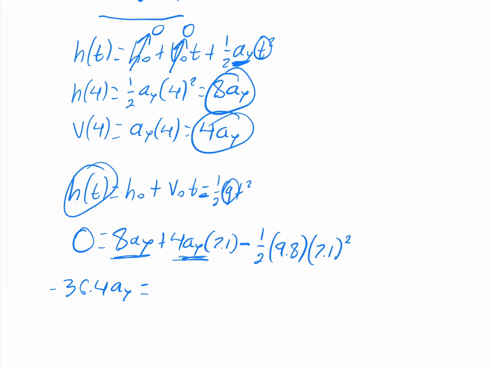Okay, I'm getting negative 247.009. Now, dividing these two, we're going to get our ay value. In this case, I'm getting 6.79 meters per second squared.